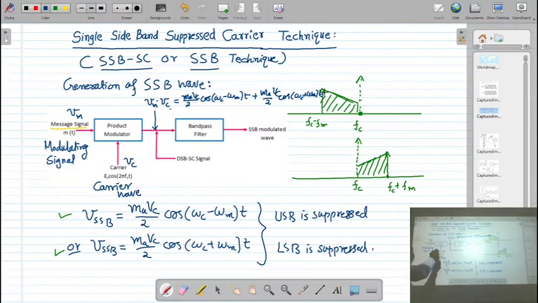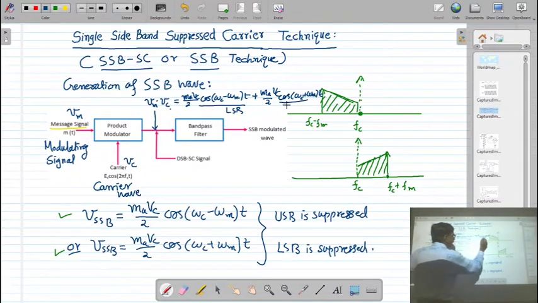Remember, the output of the product modulator will contain the lower sideband frequency as well as the upper sideband frequency. Then we have a band pass filter. So the band pass filter means, whichever sideband frequency you want to suppress, accordingly you have to design the band pass filter.